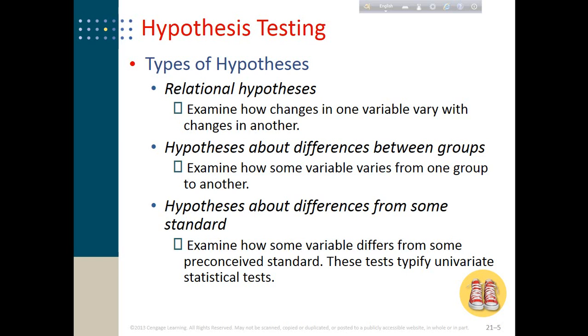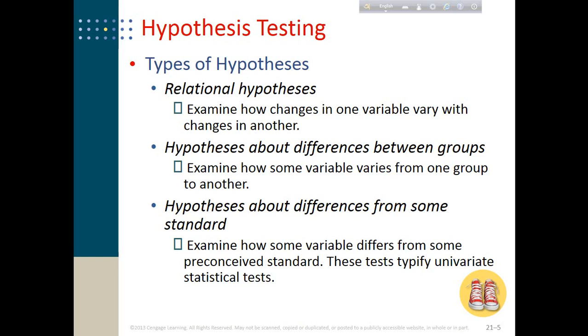We test if there is a significant relationship between 2 variables, if one variable causes another variable. The example, as I said, is whether there is a relationship between income and expenditure. If we want to check whether brand loyalty causes customer satisfaction, or whether employee satisfaction is caused by level of salary, then these are examples of relational hypothesis.